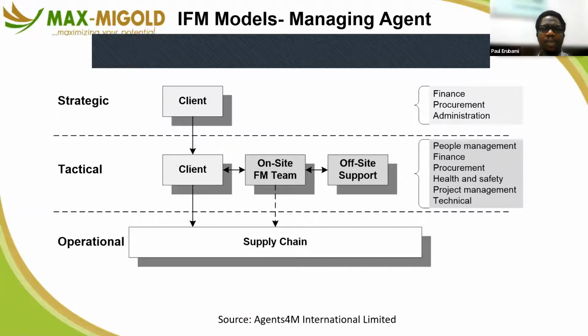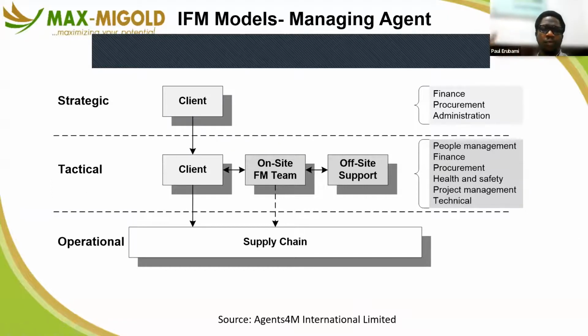At the level where you are beginning to outsource management, you are now entering the IFM space, where you can now say, you know what, I will only be taking high-level decisions, looking at capital replacement plans, looking at operational philosophies and procedures, looking at IT tools and systems to deploy, and so on and so forth.